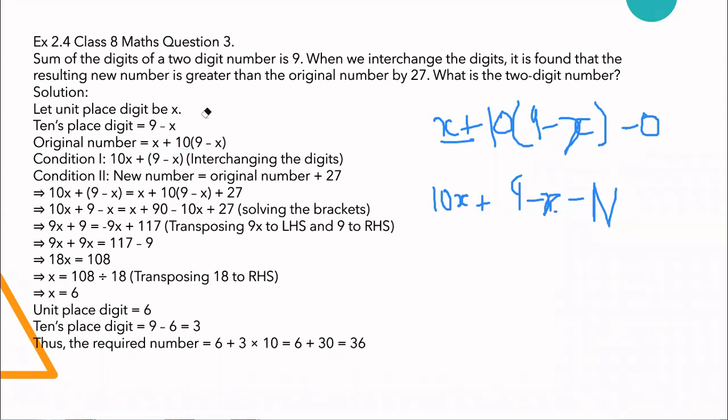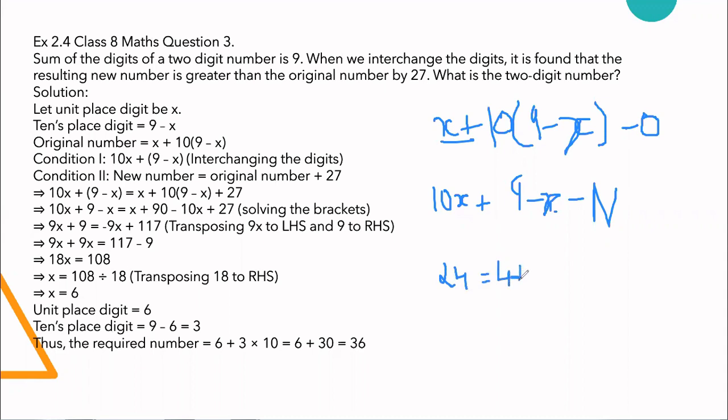Now, let us apply the second condition. What is our second condition? It is saying that the resulting new number is greater than the original number by 27. For example, say my new number is 24 and my original number was 42.